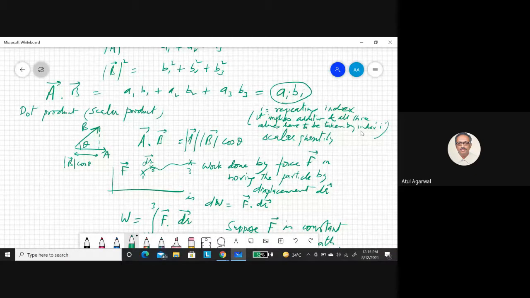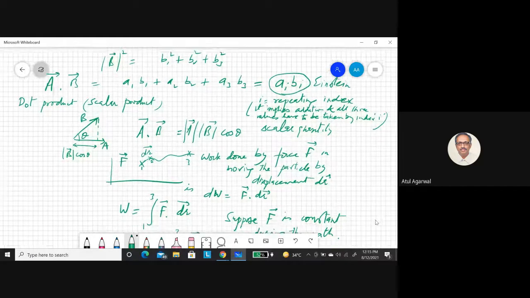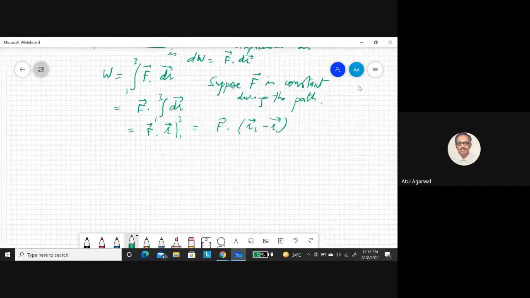So basically it will be a1 b1 plus a2 b2 plus a3 b3. So I have written the entire expression in short by this. This notation was introduced by Einstein. This is also known as Einstein's notation. So I have talked about dot product.